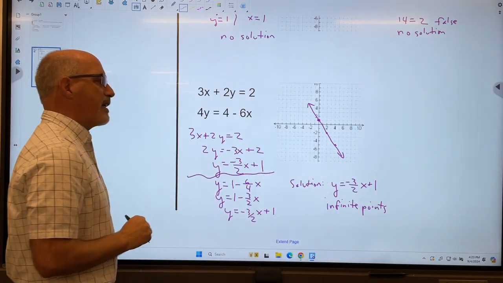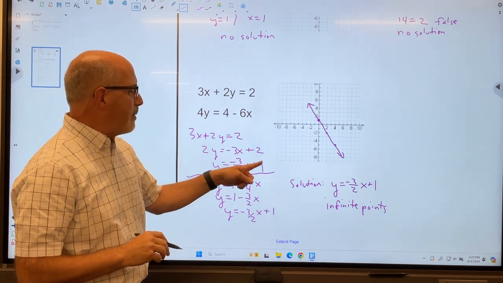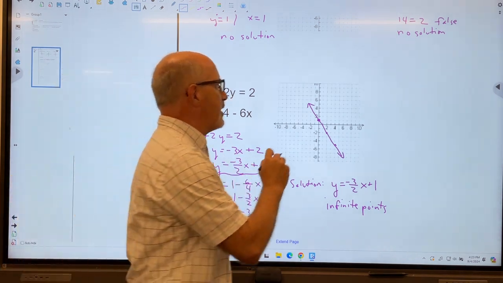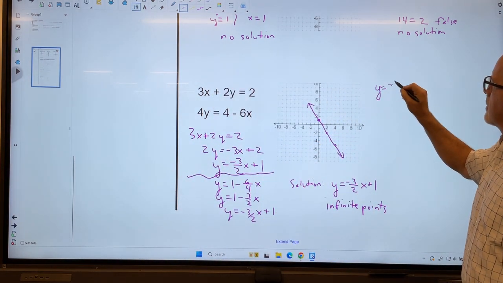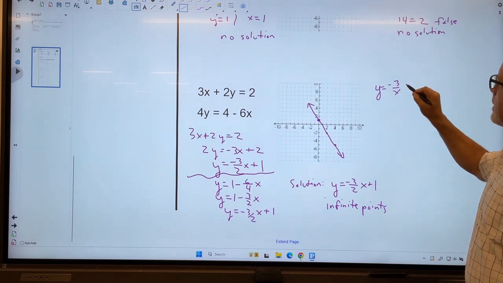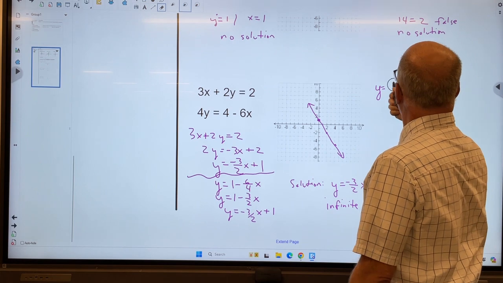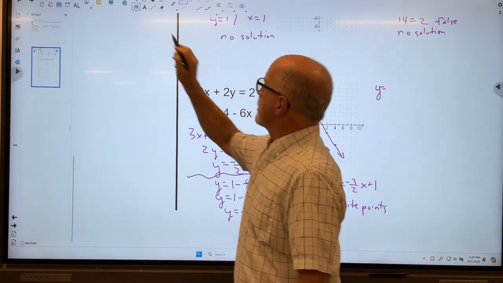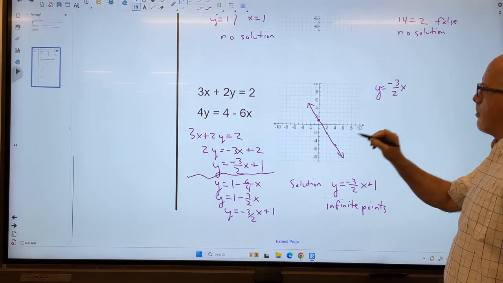Let's see what that looks like when we substitute. I've already gotten y by itself here, so I'm going to take y equals negative 3 halves x plus 1.